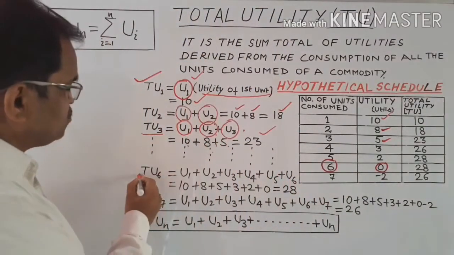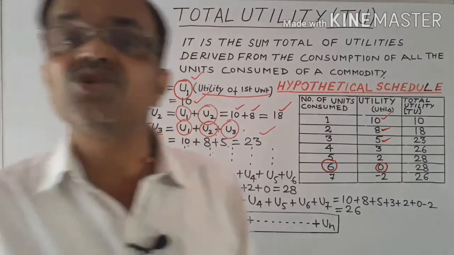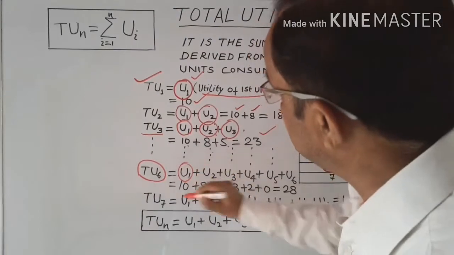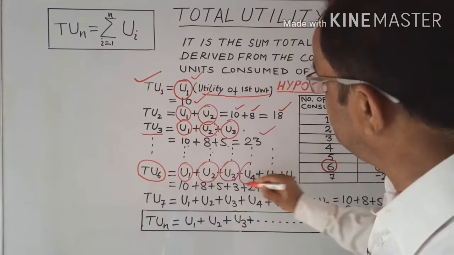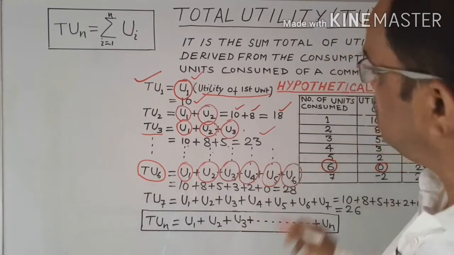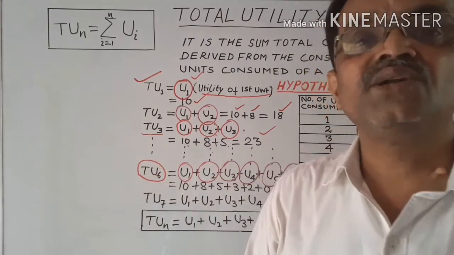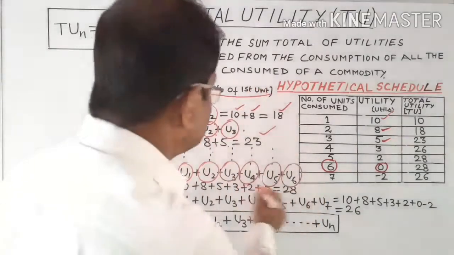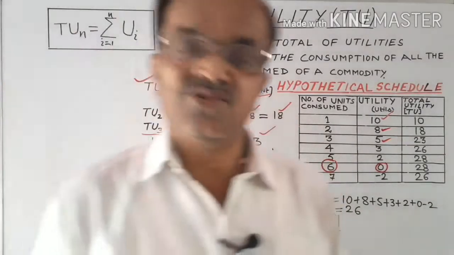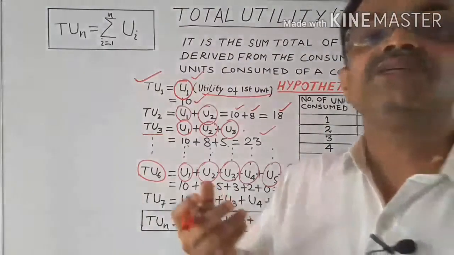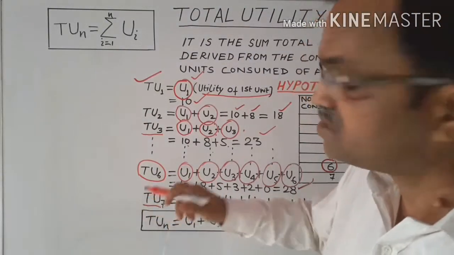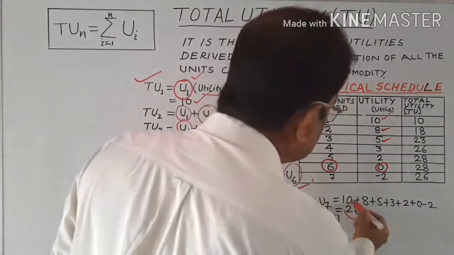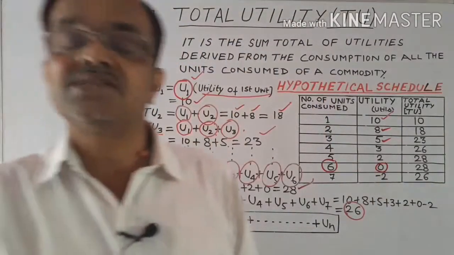Suppose the consumer is to calculate the total satisfaction of 6 units, then what he or she will do? The first, second, third, fourth, 5th and 6th, all the 6 units' satisfaction levels would be added together to get the total satisfaction of 6 units, that is here equal to 28 utils. Similarly, if the consumer is to get the total satisfaction of 7 units, then what he will do? Add all to get this, that is 26 utils of satisfaction.